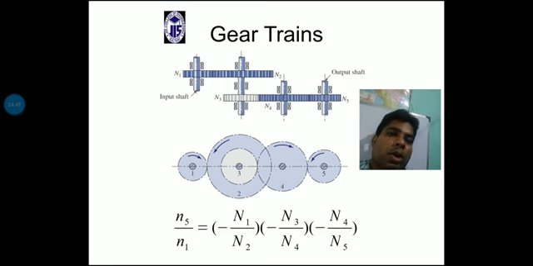So how can I get the gear ratio? The gear ratio can be calculated in terms of N1, N2, N3, N4, N5.